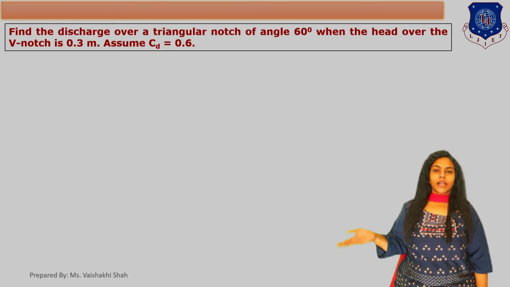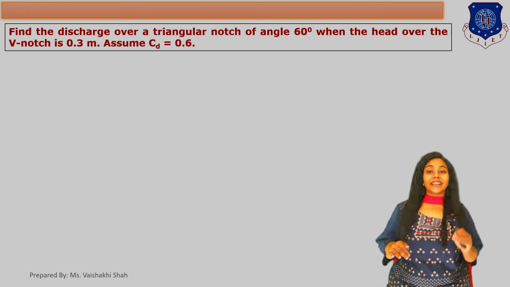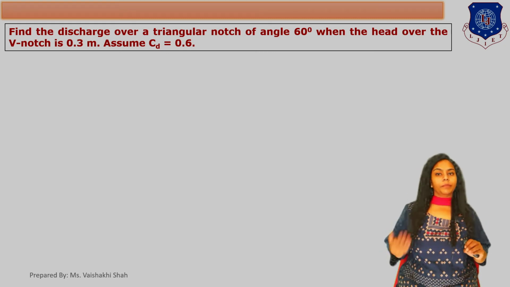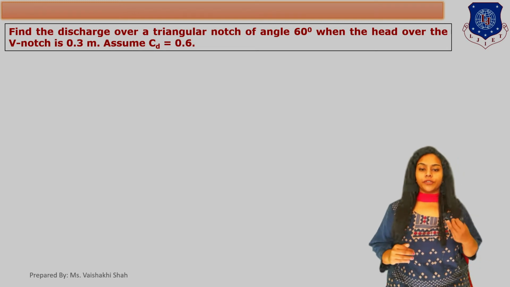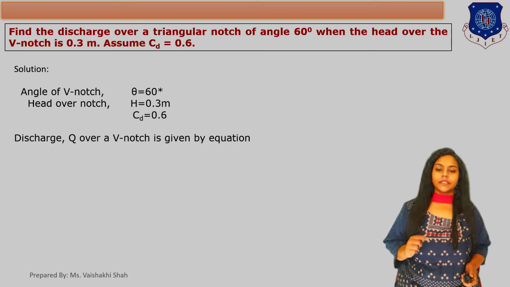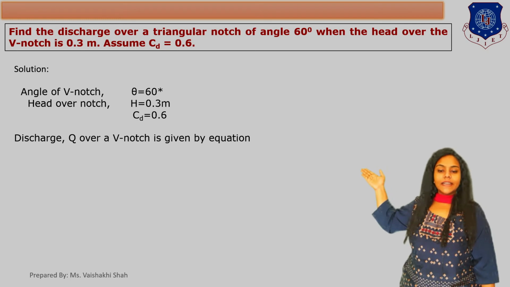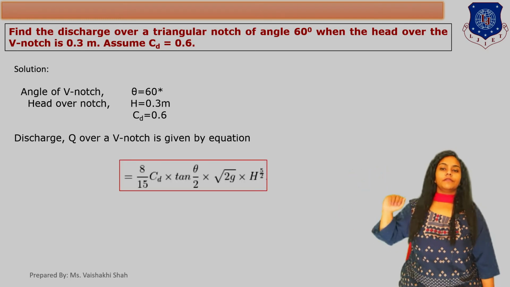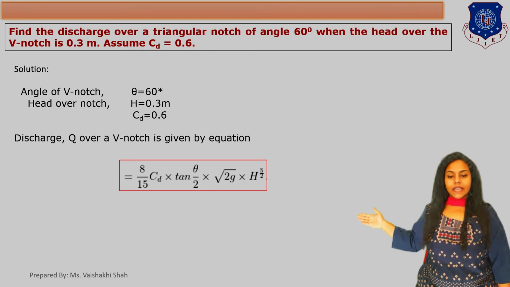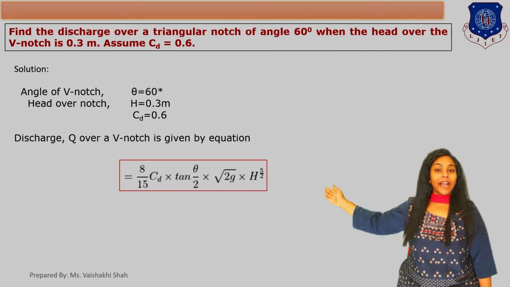Another example: find the discharge over a triangular notch of angle 60 degree when the head over the V notch is 0.3 meter. So here H is 0.3 meter, CD is 0.6 and theta is 60 degree. The equation of discharge is 8 by 15 into CD into tan theta by 2 into root 2g H raised to 5 by 2.